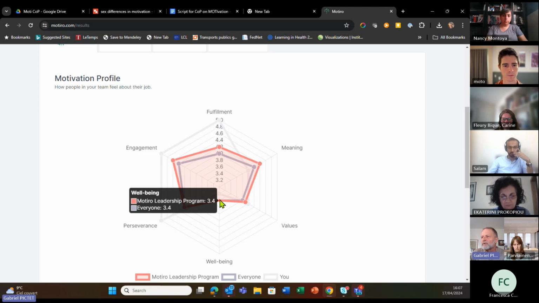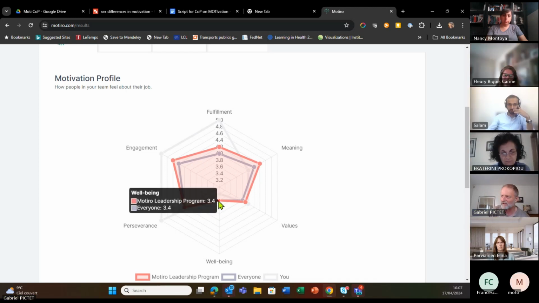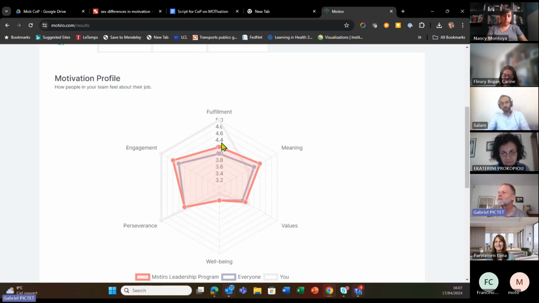So well-being, we score like everyone else in 3.4, which is not very high. Remember, the lowest possible score is 1, and the highest possible score is 5. But the fulfillment levels, the meaning I give to my team, engagements, and even values, we score higher than in the rest of the movement.